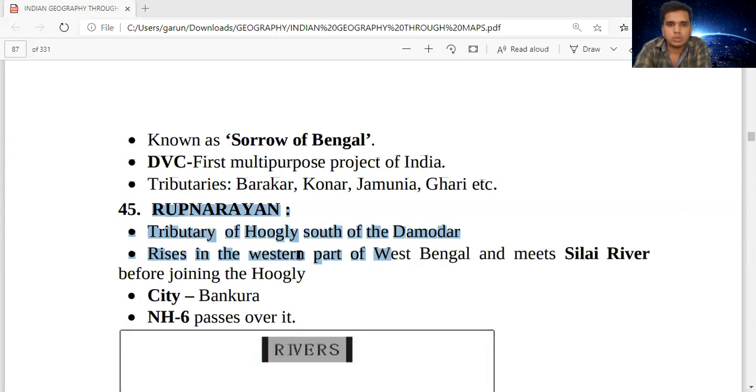It rises in the western part of West Bengal and meets the Selai River before joining the Hooghly.